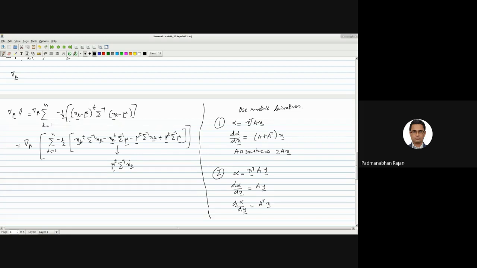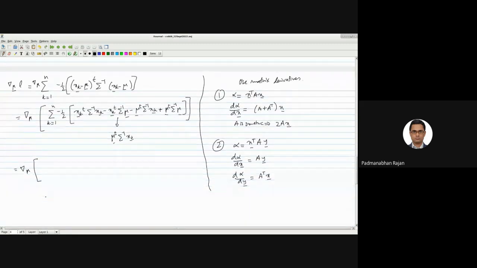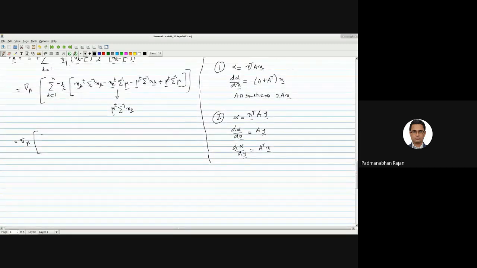Because x transpose Ay is the same as y transpose Ax if A is symmetric, and sigma inverse is symmetric, I have just renamed this. I have not yet taken the derivative of the summation k equals 1 to n, minus half.